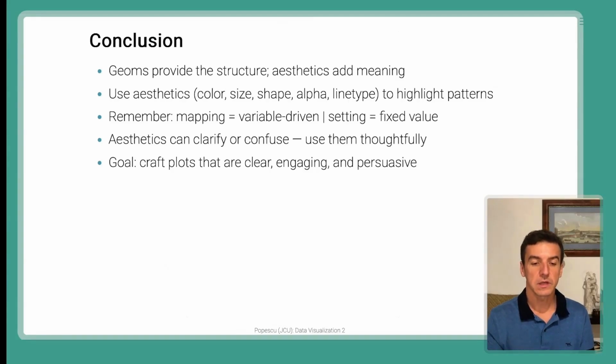It's important to distinguish between mapping versus setting. Aesthetics can be used to clarify content, but it can also confuse if they're used too much or when it's unnecessary. So the takeaway here is that it's important to create plots that are clear, engaging, and persuasive. Thank you, and see you very soon.